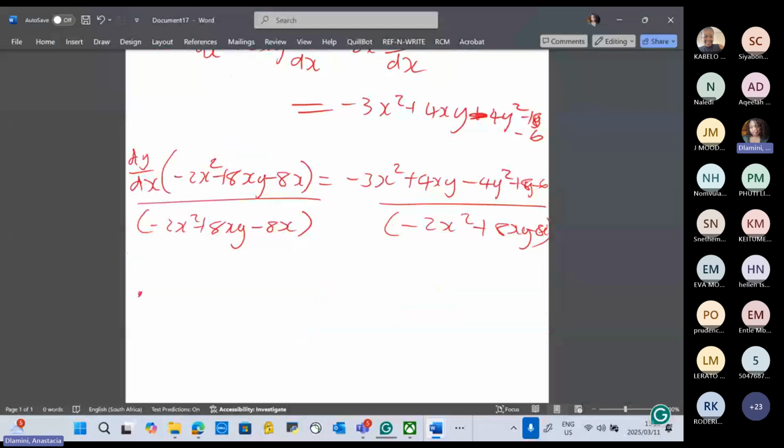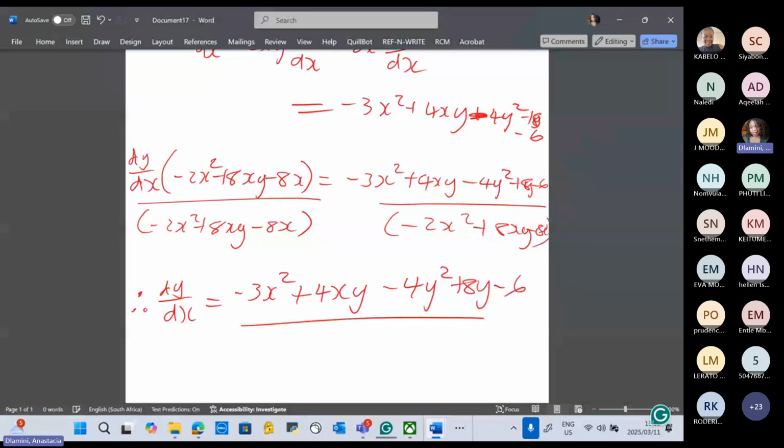Therefore, my dy over dx is equal to minus 3x squared plus 4xy minus 4y squared plus 8y minus 6 over minus 2x squared plus 8xy minus 8x.